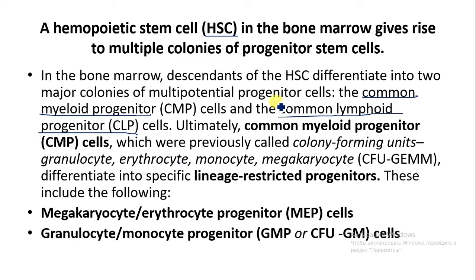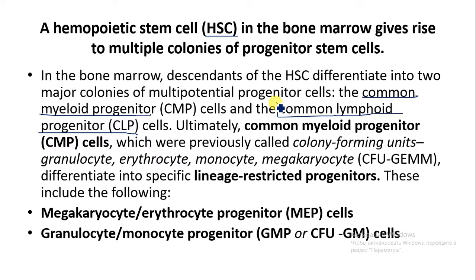Common lymphoid progenitor is responsible for all lymphocytes formation. But common myeloid progenitor is responsible for all other lineages of formation. It includes red blood cells, platelets, and granulocytes. All of them are produced from common myeloid progenitor. So please keep it in mind, because usually students have confusion here.